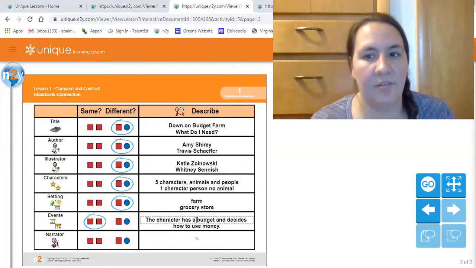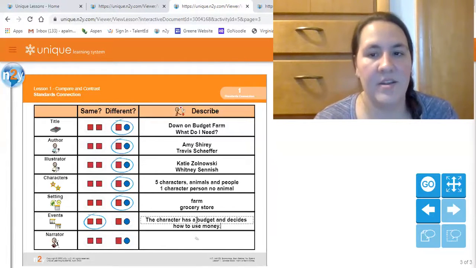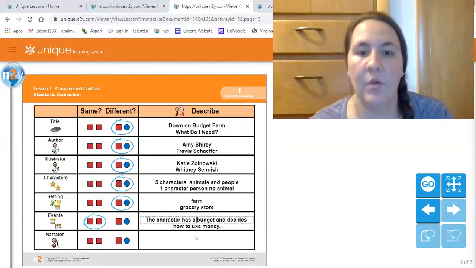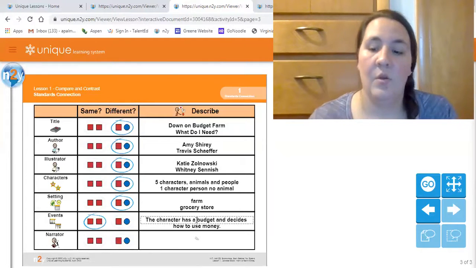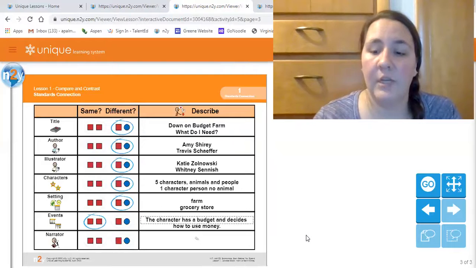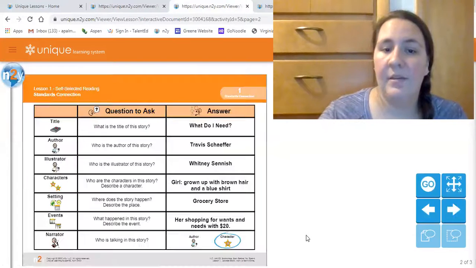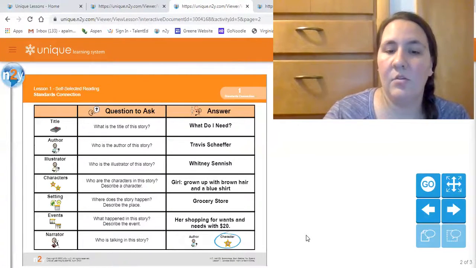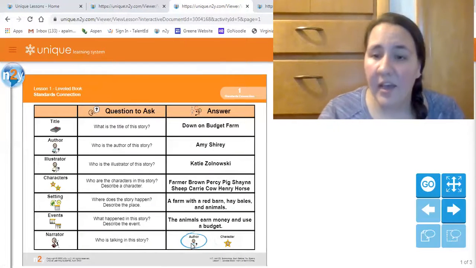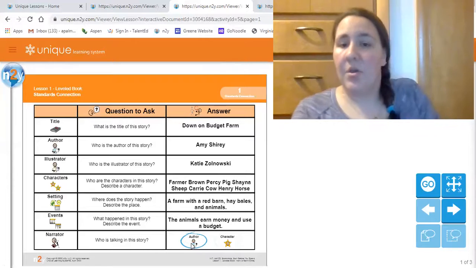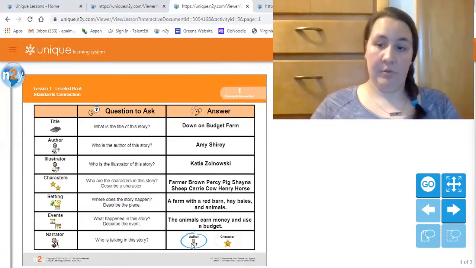All right, here's our last question to talk about. The narrator, the person who is telling the story, the person who is talking. In the first story, we said that this story is being told by the author because we knew what all the characters were thinking.